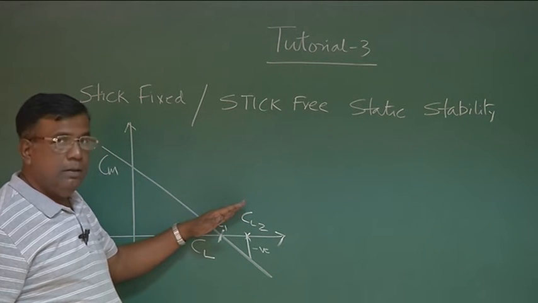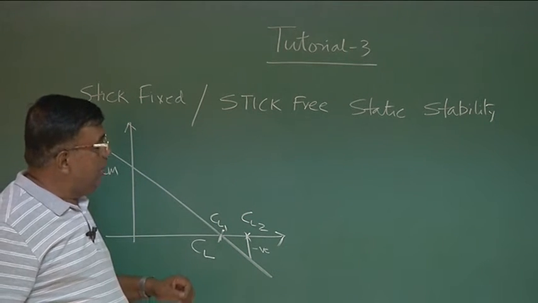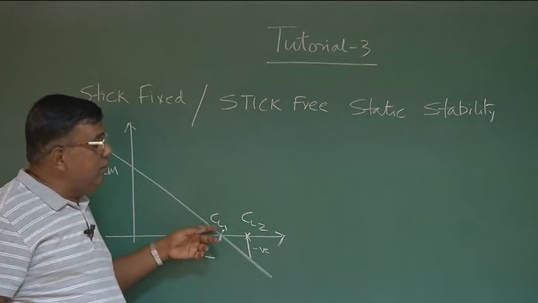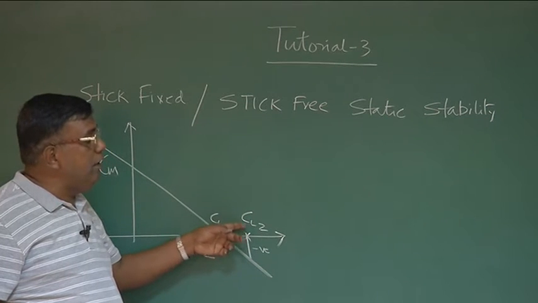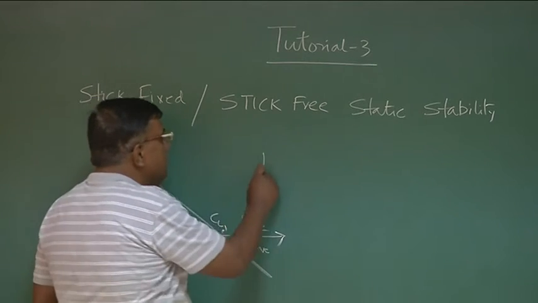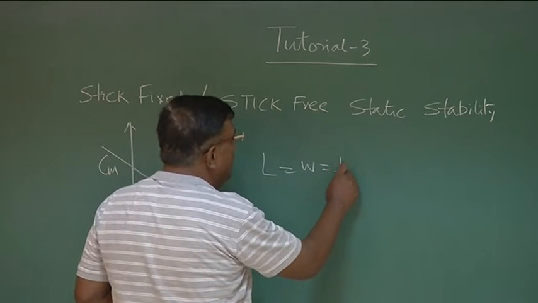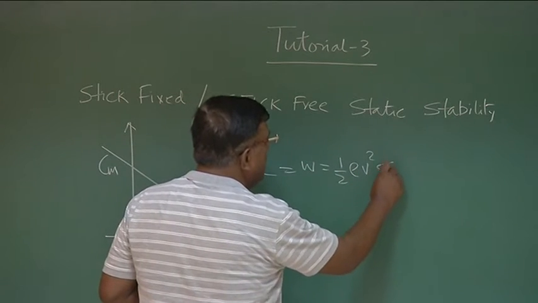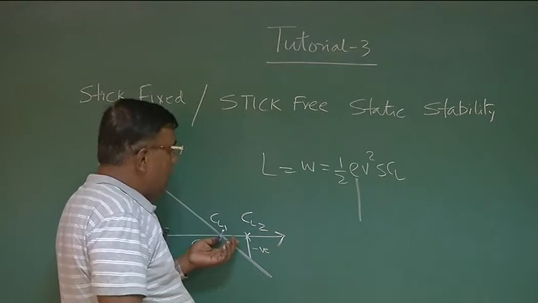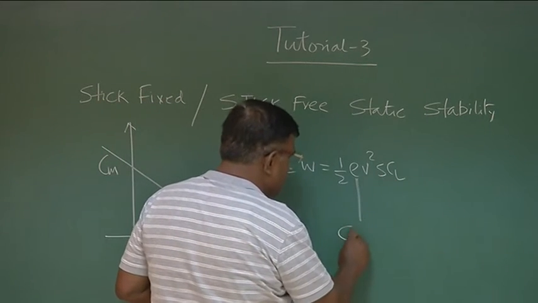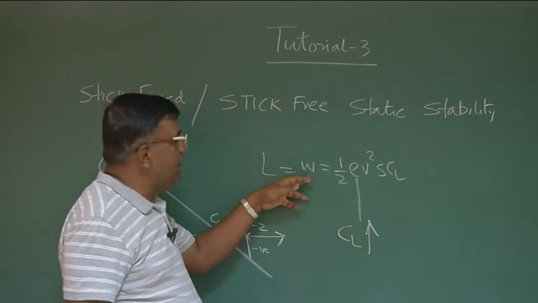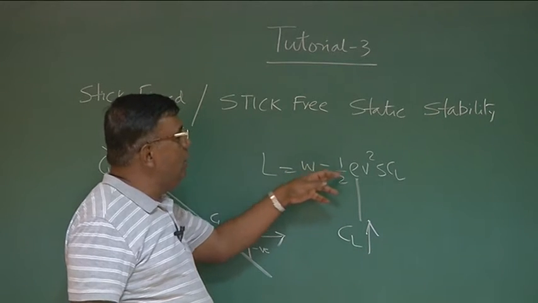But when I also think this way, that at this point lift equals weight, and at this point also I want lift equal to weight, and I am not changing the altitude, then since lift equals weight, and this equals half rho V squared S CL, with rho remaining the same, if I want to fly at a higher CL, then to maintain lift equal to weight I need to fly at a lower speed.